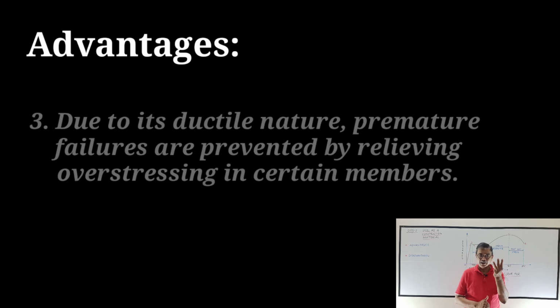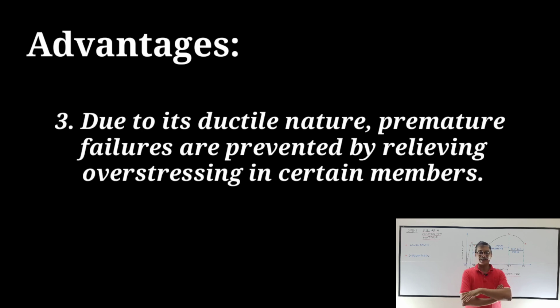Number 3, due to its ductile nature, its premature failure can be prevented by relieving the overstresses in certain members. When certain members are overstressed due to some actions of loads, there is a possibility of premature failure.